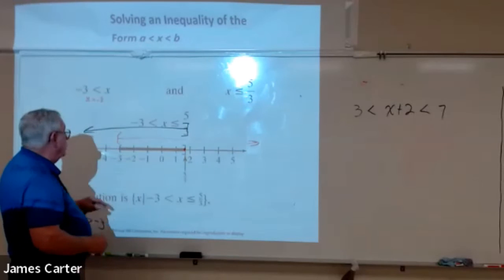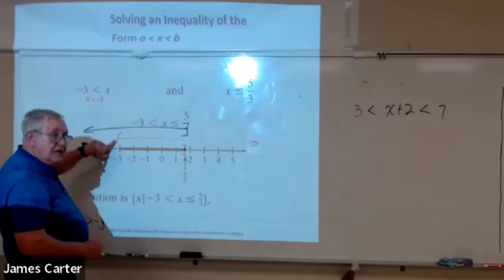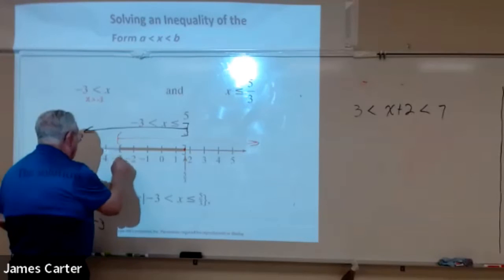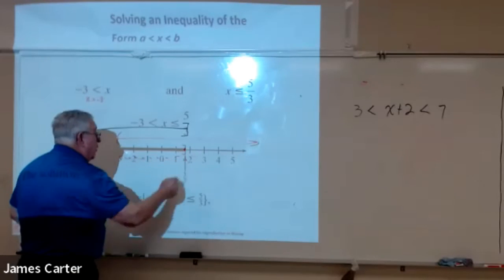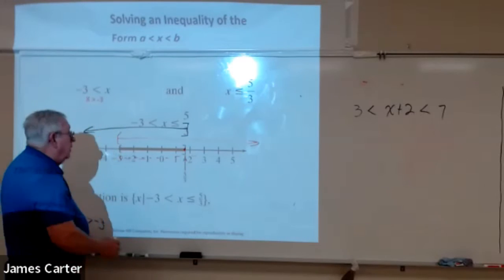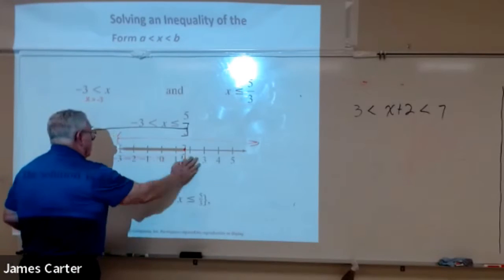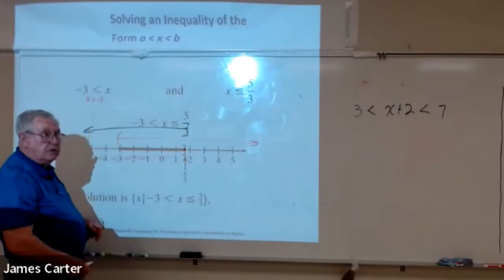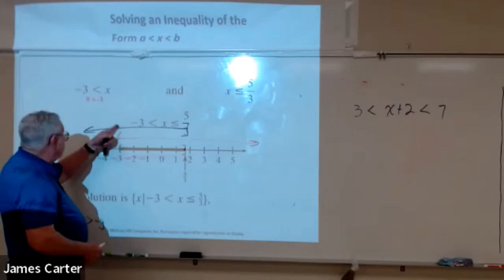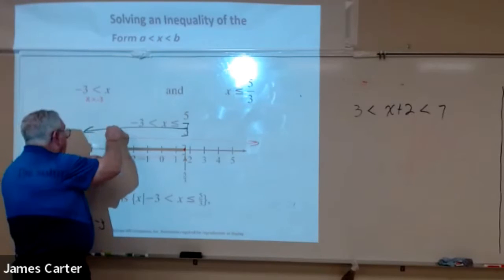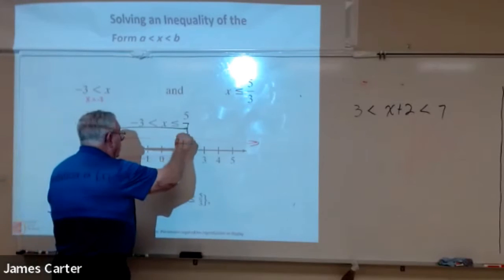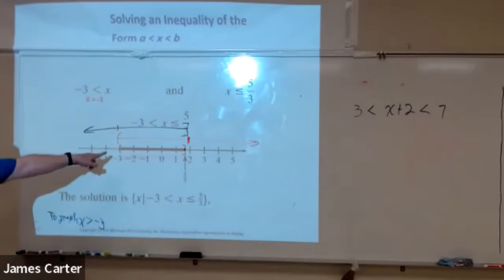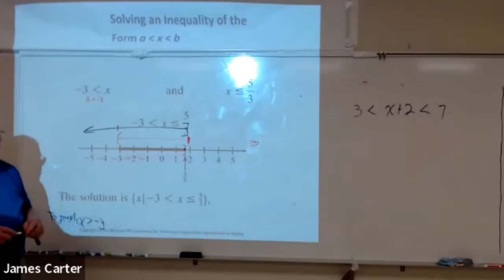This one, on the other hand, has a non-inclusive end point here, with points going that way forever. And because this says and, we've got to see where they overlap, what they share. And it's from here to here. And hence this.